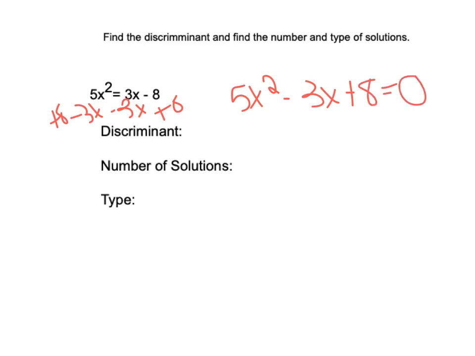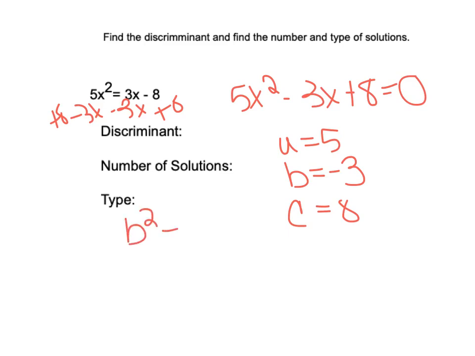Now, I just need to identify my a, my b, and my c. A equals 5, b equals negative 3, and c equals 8. So my discriminant is that value underneath of the square root, which is b squared minus 4ac.